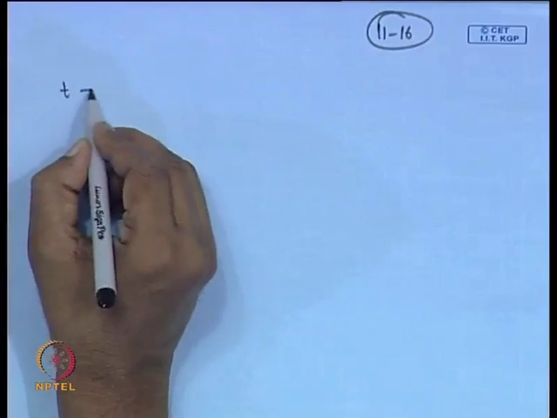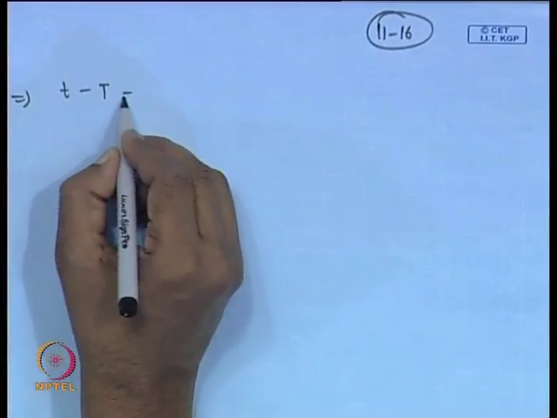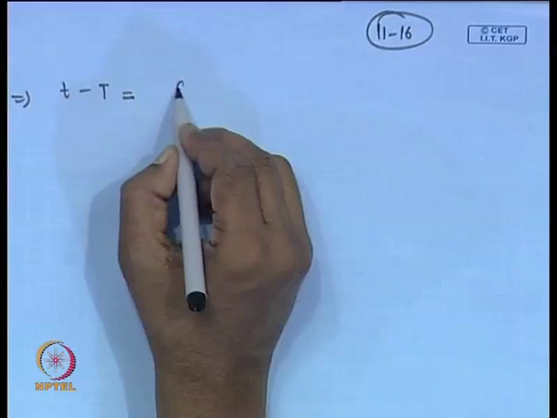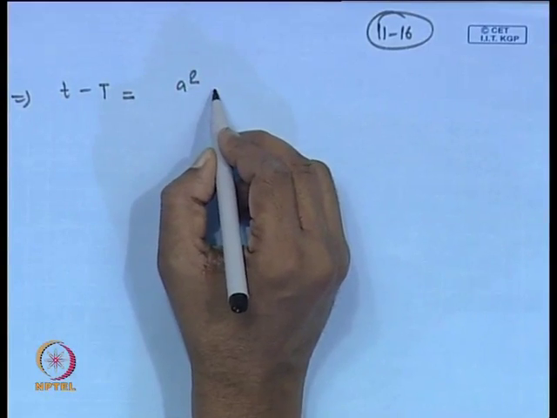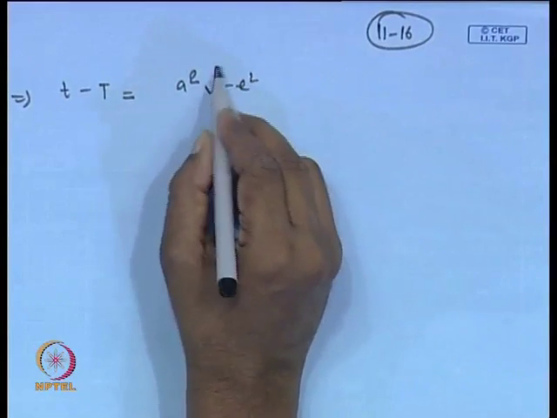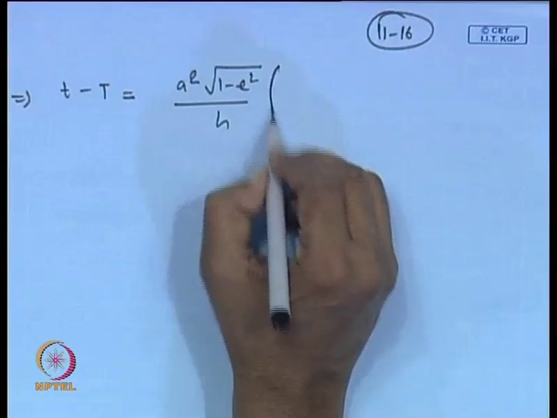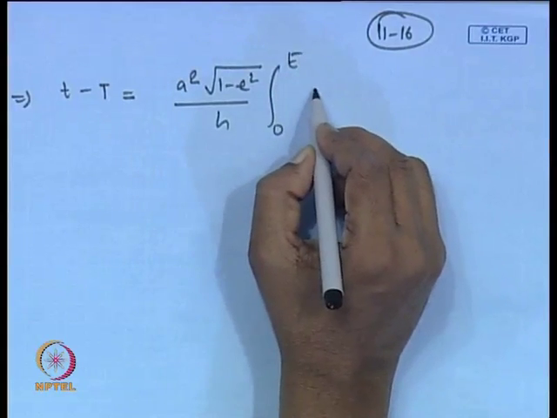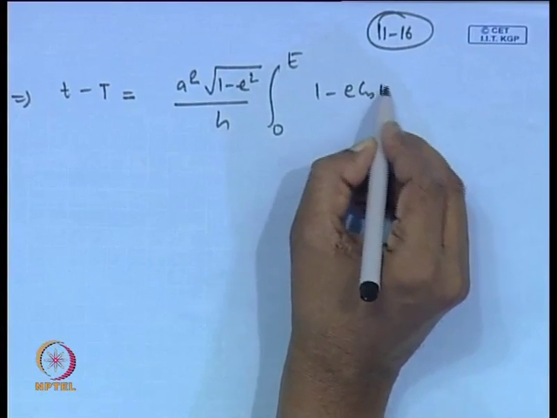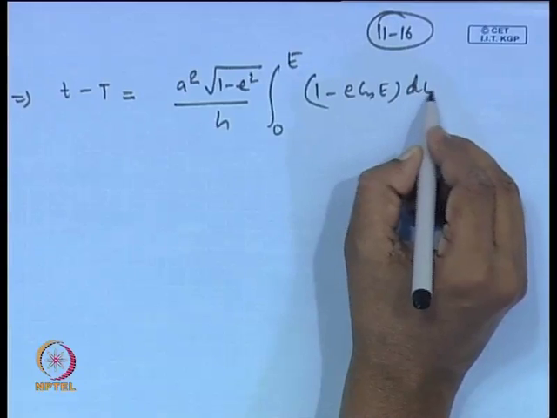Therefore, this implies t minus tau is equal to, you can take outside a square times square root of (1 minus e square) divided by h, from 0 to E, and this becomes 1 minus e cos E times dE.